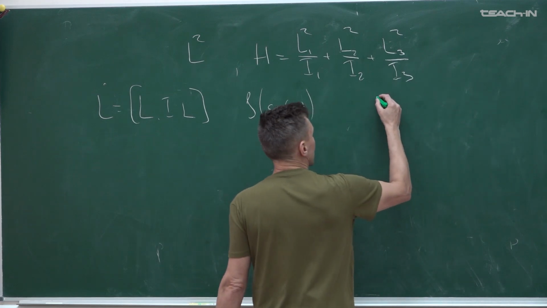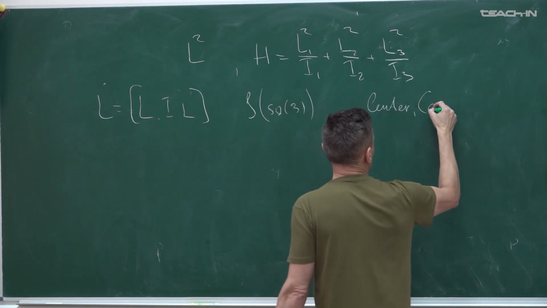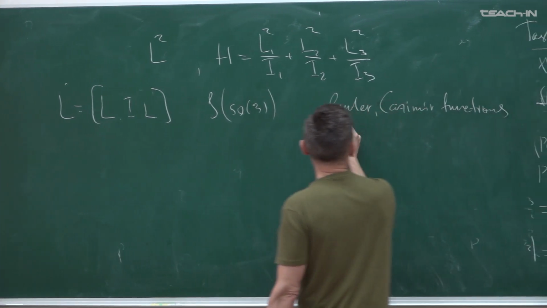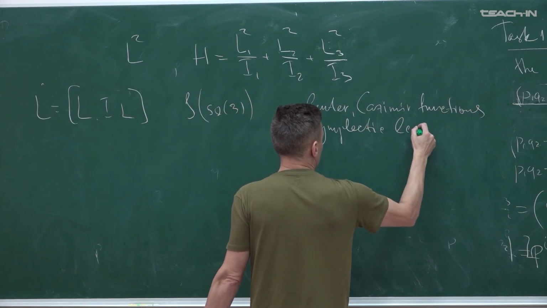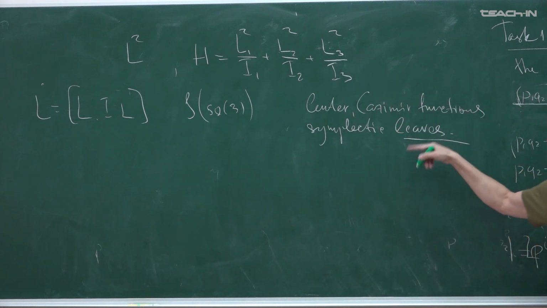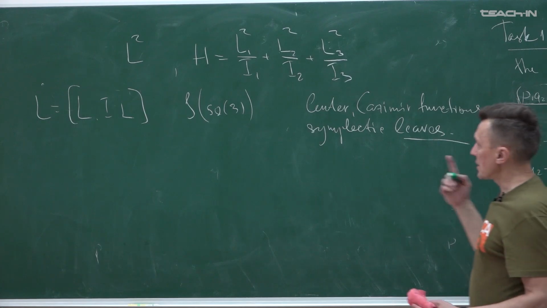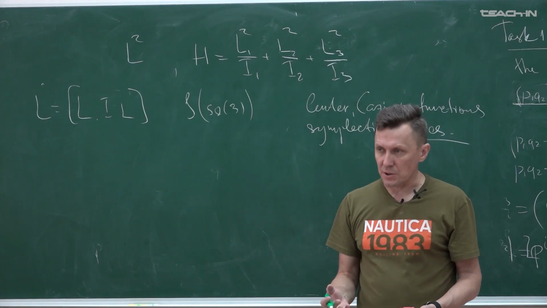So it's the story of the center, Casimir functions, and symplectic leaves. We have discussed this structure for the reason of the good description of integrability property. So this was not for amusement. So in this case, the Poisson bivector is degenerate. And you know that there is a central function, the Casimir function.